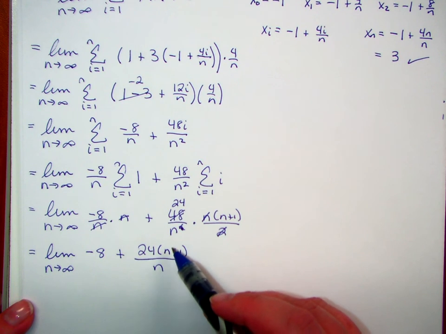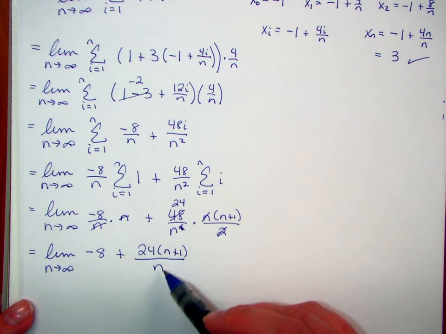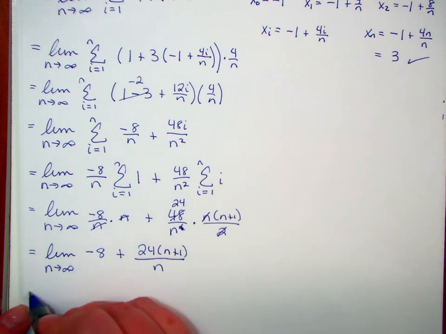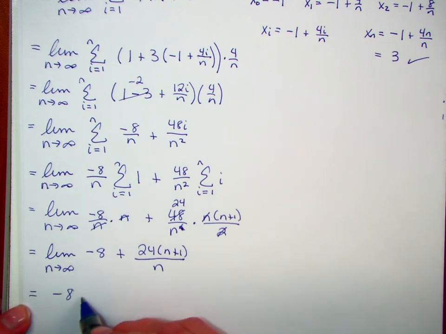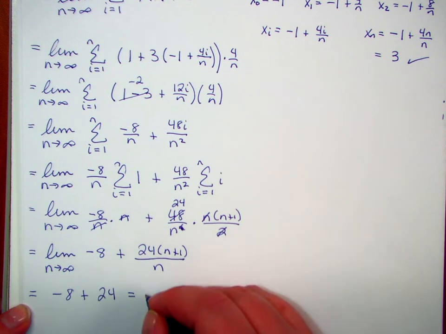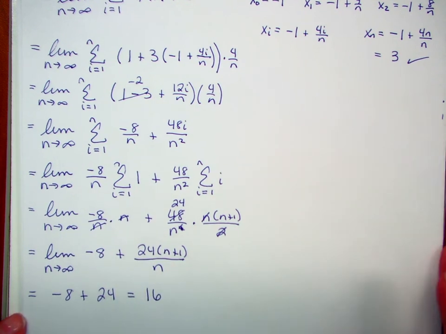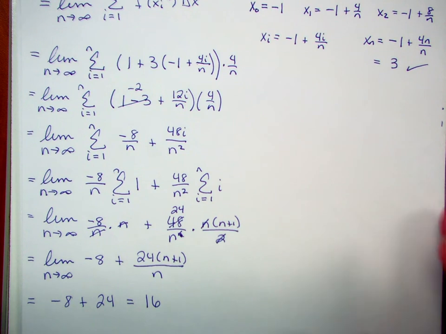So again, the degree of the top, if I were to multiply this out, is equal to the degree of the bottom. So when I take the limit, I'm just going to get the coefficient of the top over the coefficient of the bottom. And the limit of a constant is a constant. So I'm going to get negative 8 plus 24, which gets a sum of positive 16. Okay?